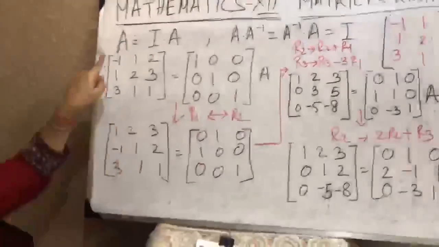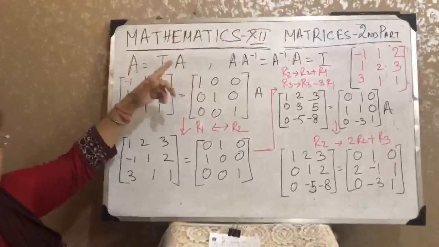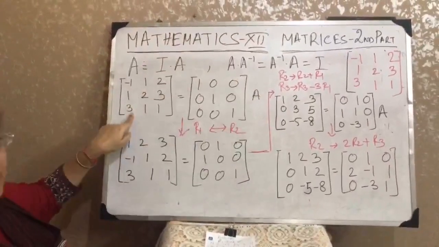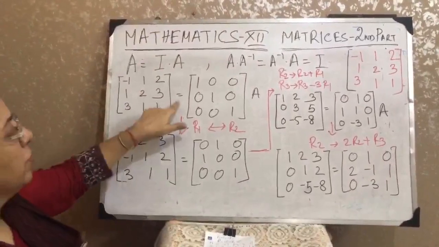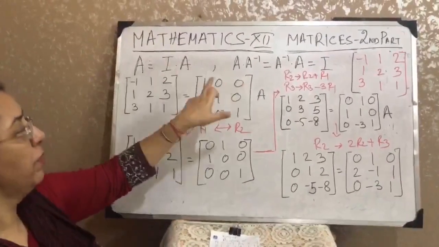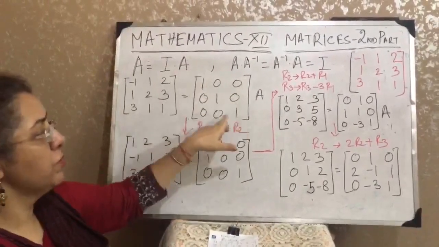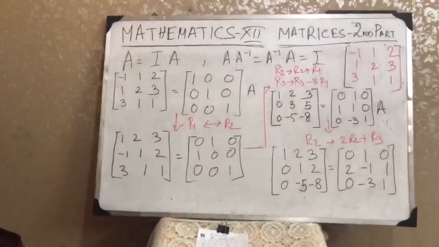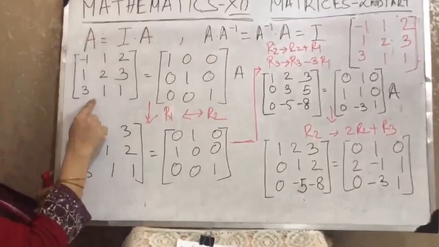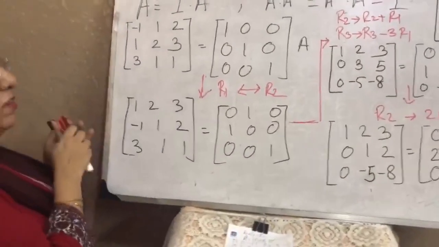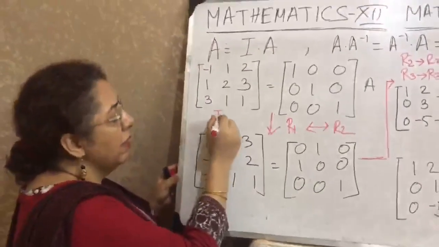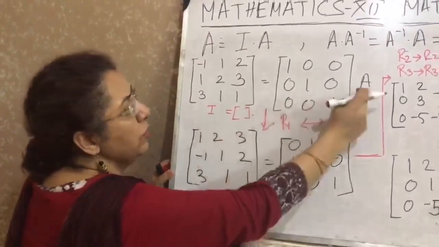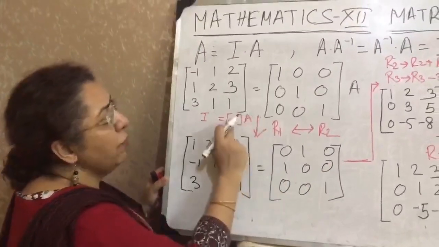So your first writing will be A is equal to I into A. You all know it. In place of A, we can write that matrix as I have written. And what is your I matrix? We all know, you have done in the previous class. 1 0 0 0 1 0 0 0 1 into A. Now, if we can convert this matrix as I, then this will be some matrix into this A. Now, what will be this matrix?